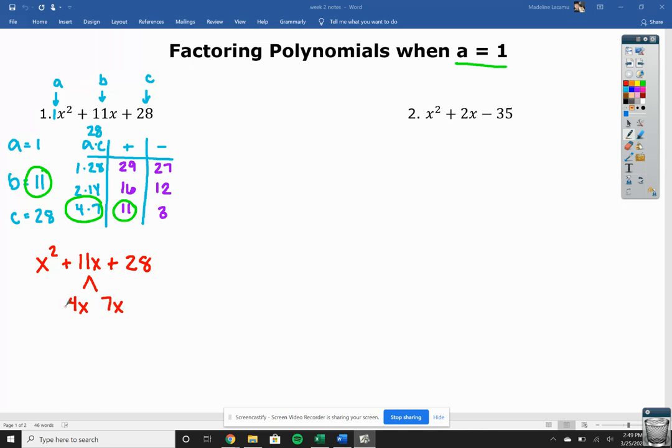Now, 4 and 7, to get to 11, they both have to be positive, because positive 4 plus positive 7 equals positive 11. And then plus 28, and the x squared also comes down.